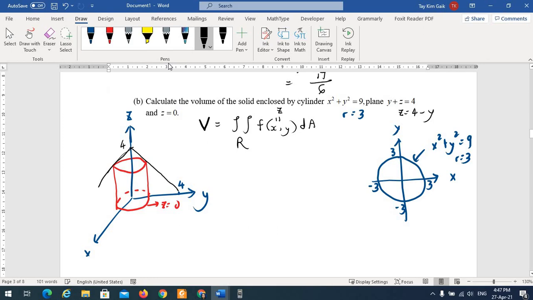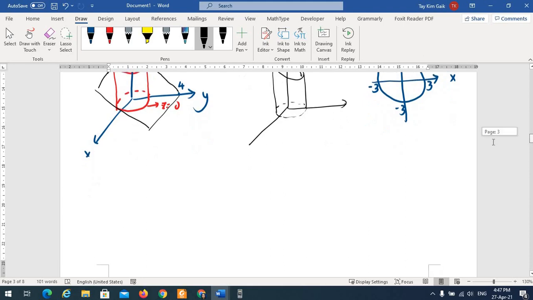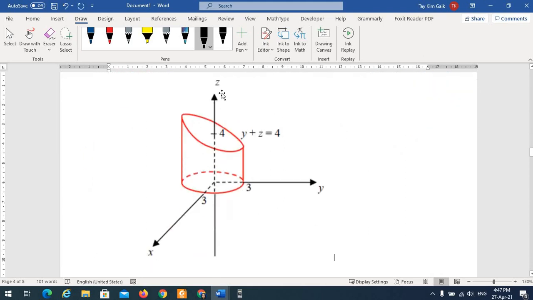So the plane will be cutting here, and the resultant cylinder will be like this.